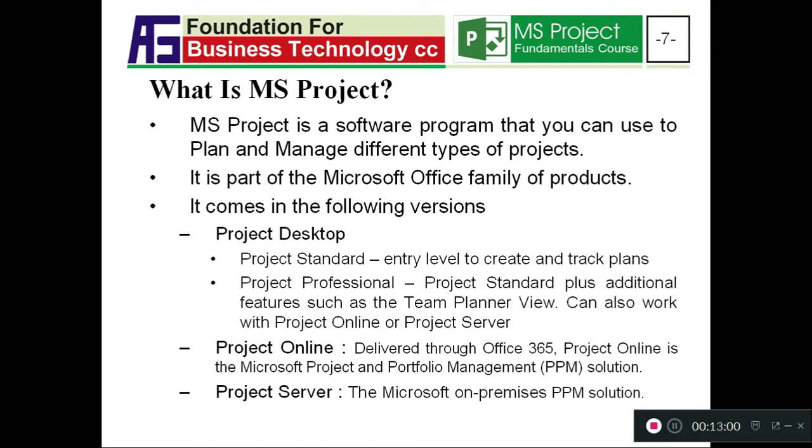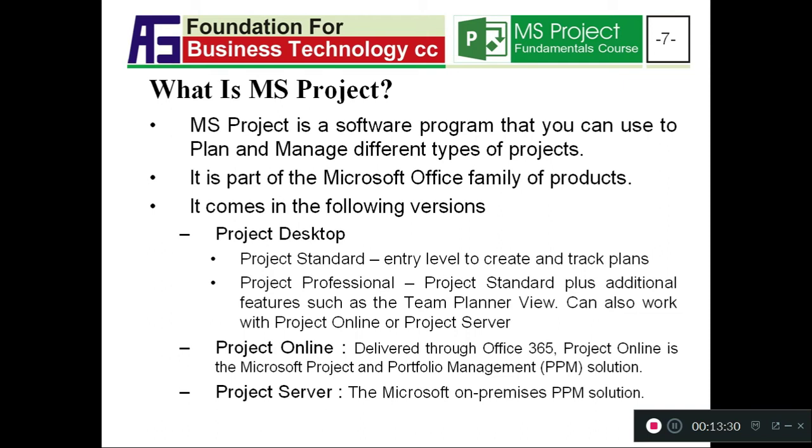So the project desktop has got project standard, which is the entry level, which you can simply use for creating and tracking plans. Whereas you also have the project professional, which is the project standard plus additional features such as the team planner view. With project professional, you can also work with project online and project server.